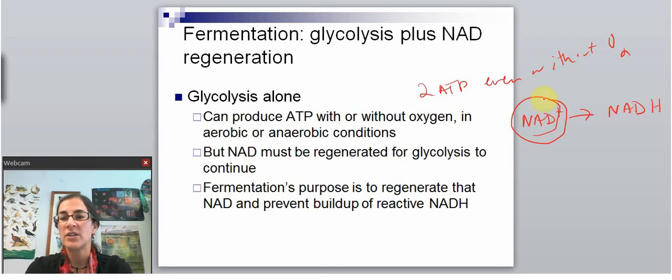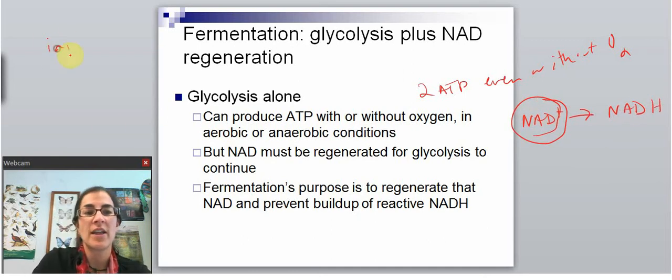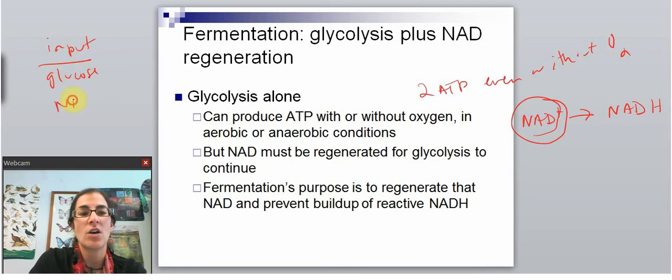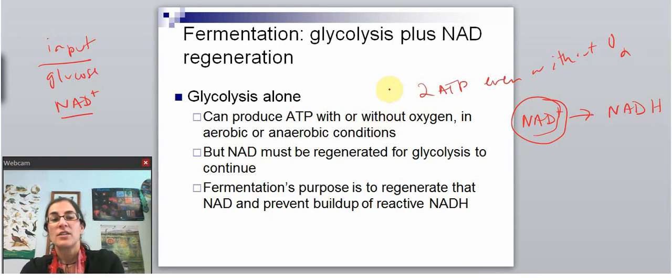So a raw material, an input that's required for glycolysis, is glucose, but it's also NAD+. Okay? So in normal cellular respiration, how do we get that NAD+? Where does this input come from?